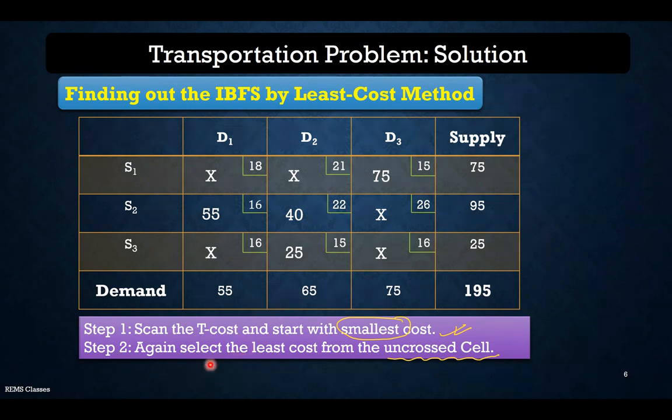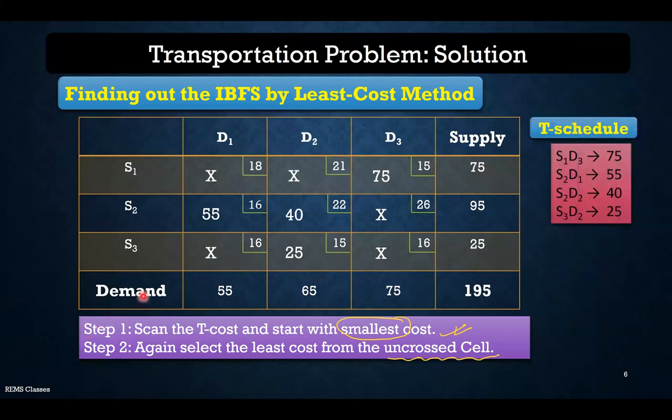So we will find the transportation schedule: S1 D3, S2 D1, S3 D2, and S3 D3. Next we have to find the transportation cost. We can find it by multiplying 55 into 16 plus 40 into 22 plus 25 into 15 plus 75 into 55.